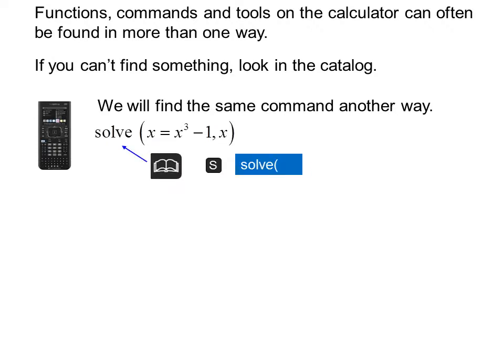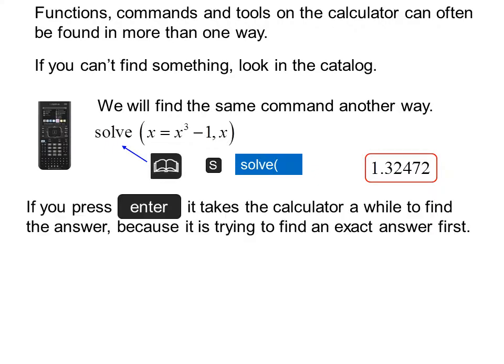We press the catalog key and then the letter S, and then we find the solve command. We still get 1.32472. If you press enter, it takes the calculator a while to find the answer because it is trying to find an exact answer first.